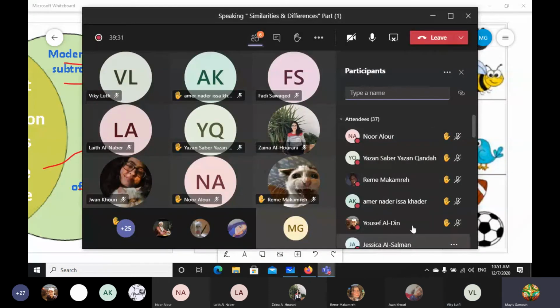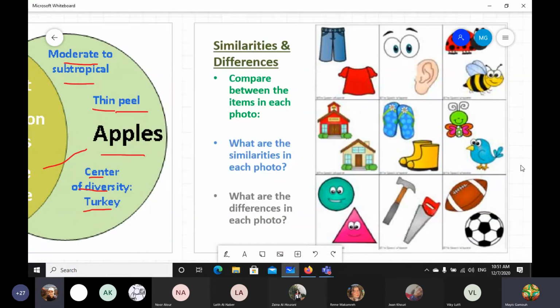Let me see who hasn't spoken here. Yusuf, would you like to talk? Yes, teacher. The insect and the bee. Okay. They both can walk. And they are small creatures.